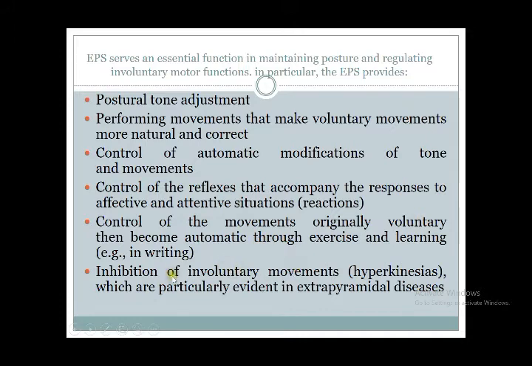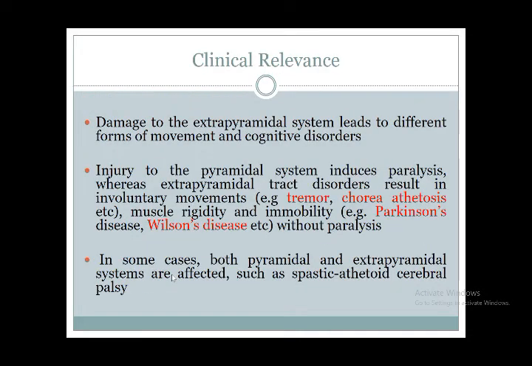It also inhibits involuntary movements. If involuntary movements are not inhibited, they will cause hyperkinetic movement, for example tremor and chorea. These result from less inhibition of involuntary movements, which is a function of the extrapyramidal system. So dysfunction of the extrapyramidal system can lead to different forms of movement and cognitive disorders.